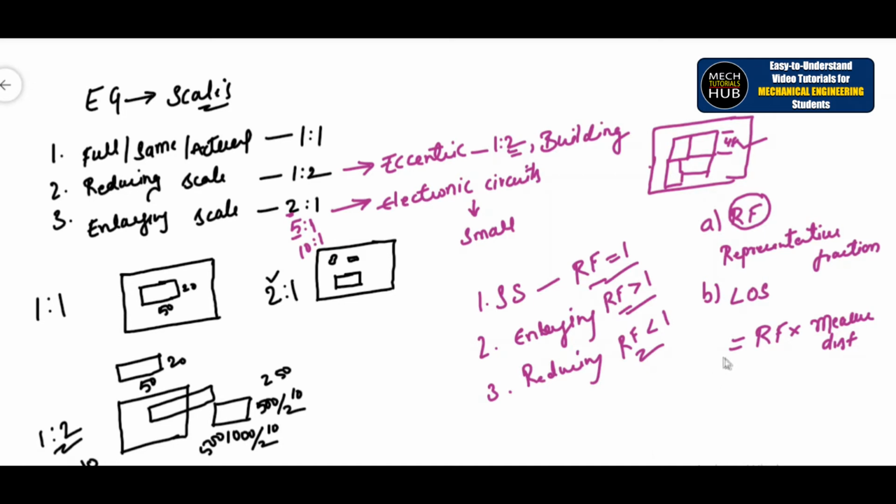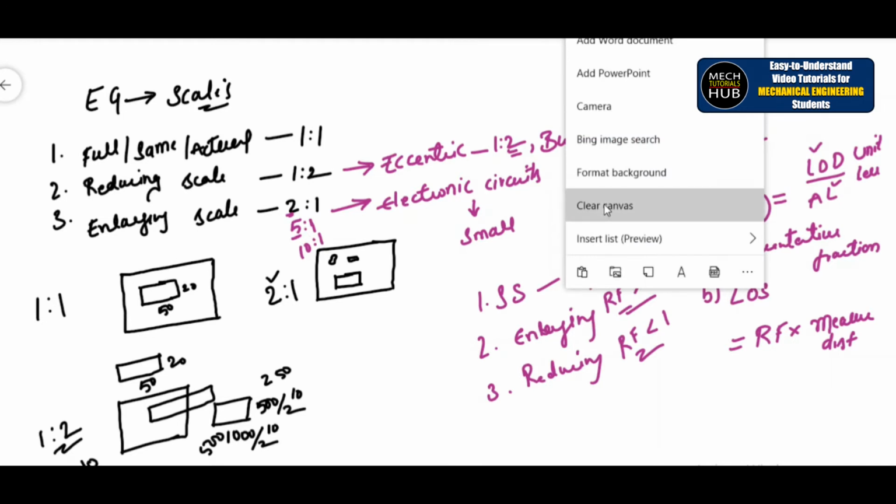Okay, and coming to RF, what actually is RF all about? RF is length of drawing by actual length. Both are dealing with lengths only, so this becomes a unitless value. Okay, let me explain with a fresh sheet, the same one.